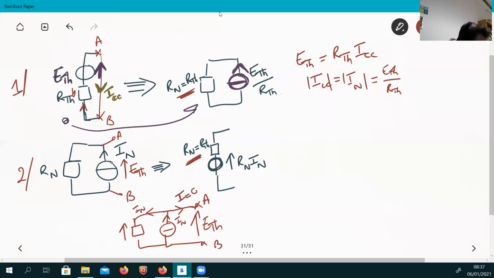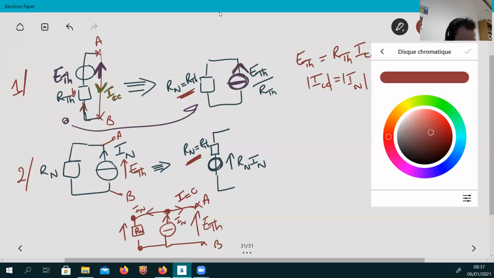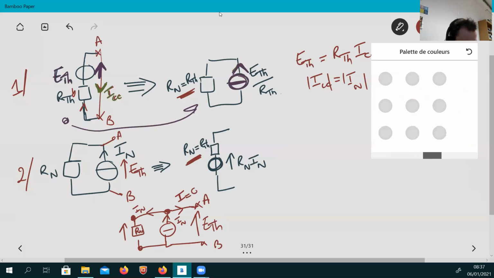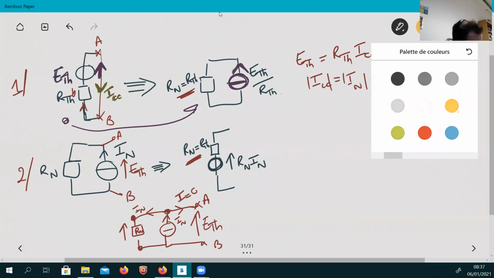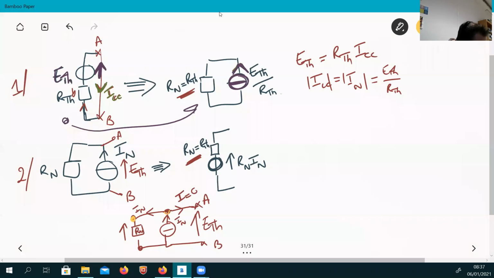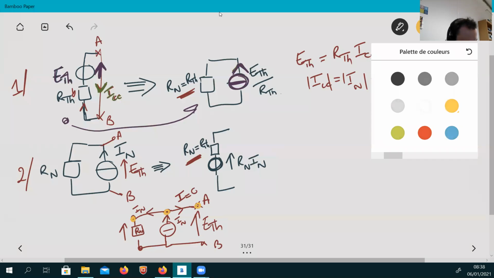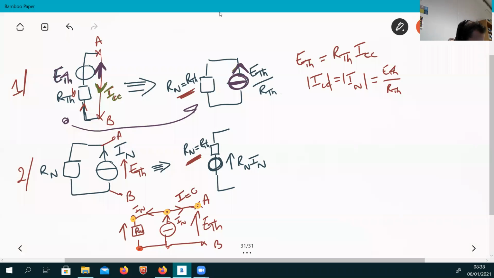So here you can consider a voltage between this point and this point, which is the voltage across Rn, which is directly ETH, because this point is this point is this point, same potential.